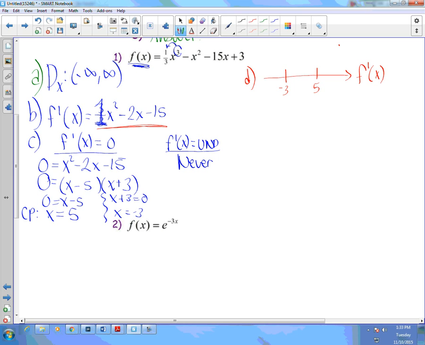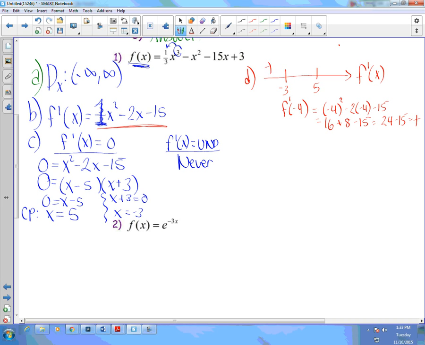What's to the left of negative 3? Negative 4. So you quickly plug in negative 4 into f prime without a calculator, so most of these will be done without calculators. Order of operations, we have 16 plus 8 minus 15, so what do we get? 24 minus 15, so essentially what we care about is it's positive.